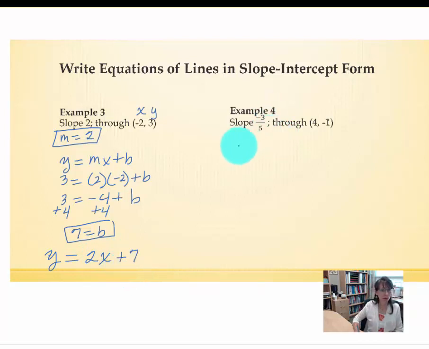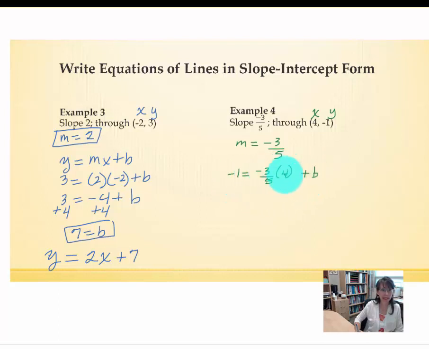In example 4, we know m, or slope, is -3/5. We have x value of 4 and y value of -1. Making our substitutions, -1 equals -3/5 times the x value of 4 plus b.